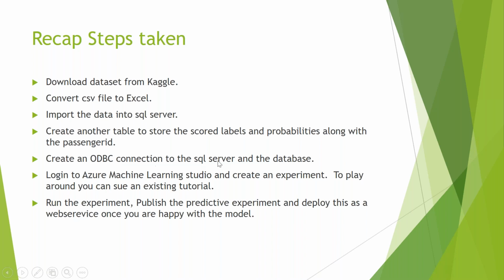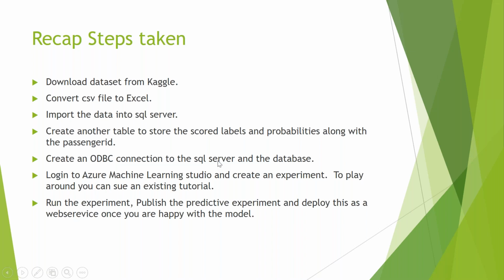Create an ODBC connection to the SQL Server and the database. You can do these steps first, and then log into Azure Machine Learning Studio and create your experiment, and keep trialing with different algorithms that are available in Azure ML.